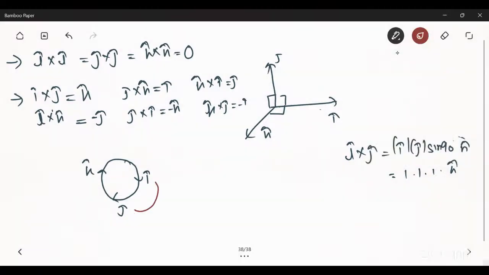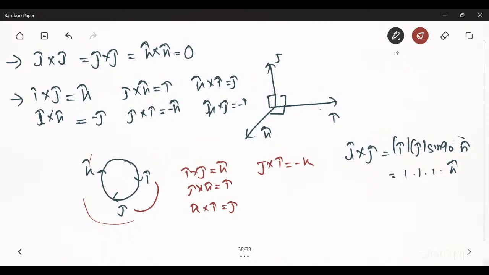I cross J, you will get K. J cross K, you will get I. K cross I, you will get J. But if you move in the backward direction, that means anti-clockwise, then J cross I is minus K, because you are moving anti-clockwise, and the perpendicular is in the opposite direction.